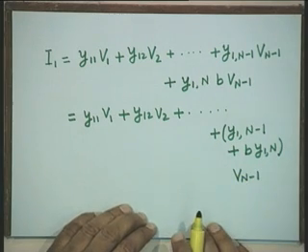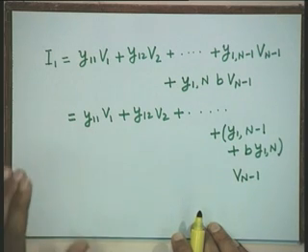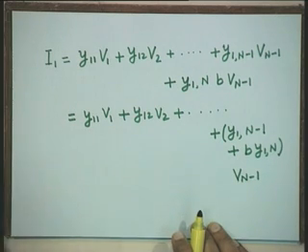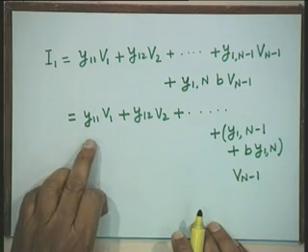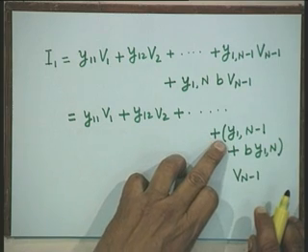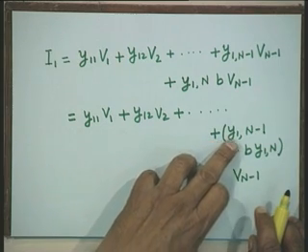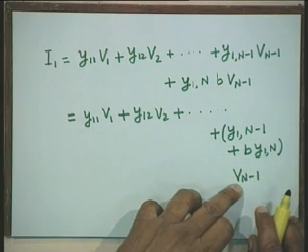Therefore, when I replace the voltage of the nth bus by B into V n minus 1, I get the equation for I 1 as y 1 1 V 1, y 1 2 V 2, and the last term will now be y 1 n minus 1 plus B times y 1 n into V n minus 1.